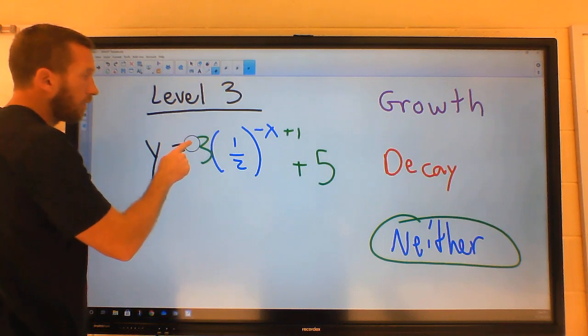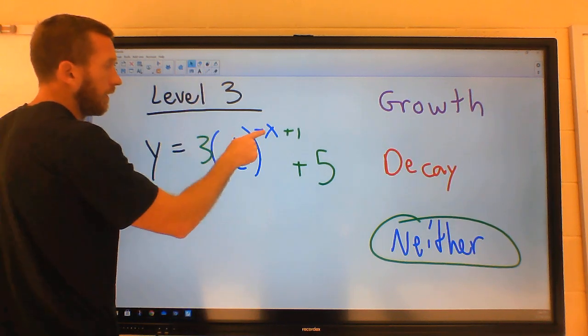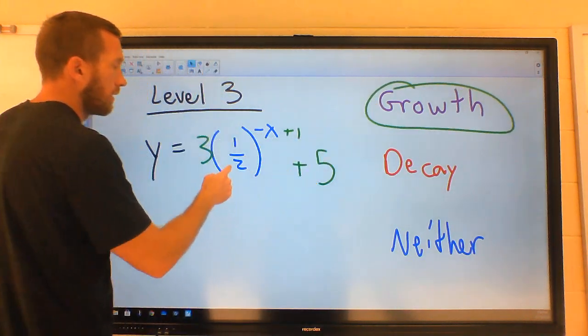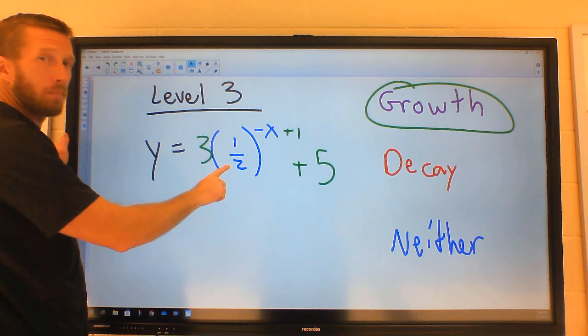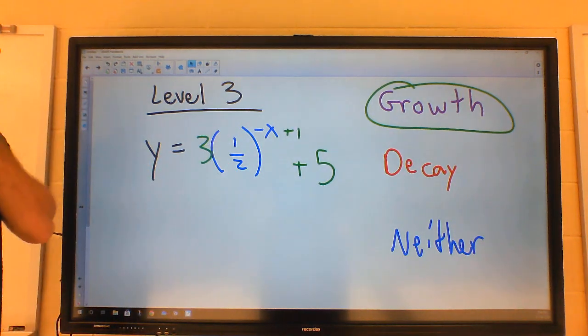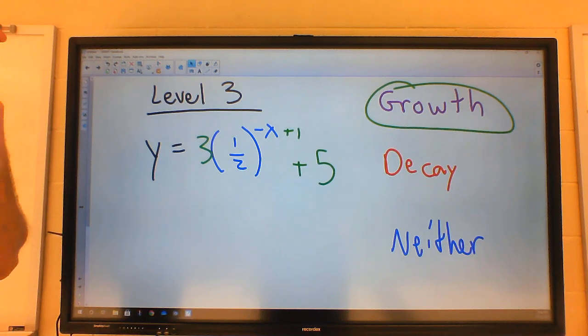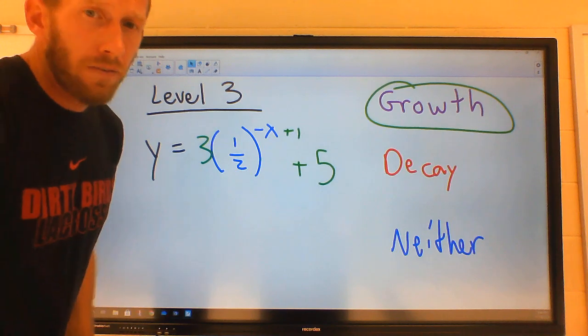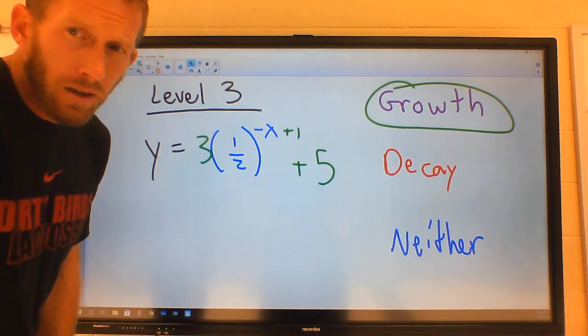But if we took this negative away out there and left this negative there for the x, this is a growth problem now because it was decay based on the base raised to a negative exponent, so now it's growth, all right?